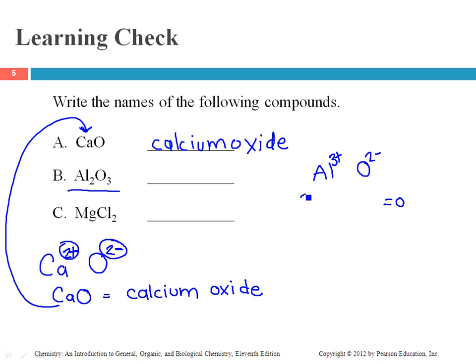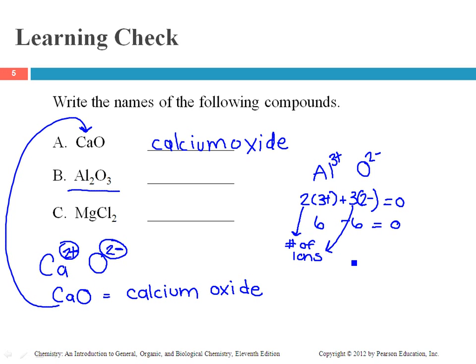We're going to have 2 aluminums for every 3 oxygens. So 6 plus and 6 minus equals 0. Remember, this is your subscript, or your number of ions here.